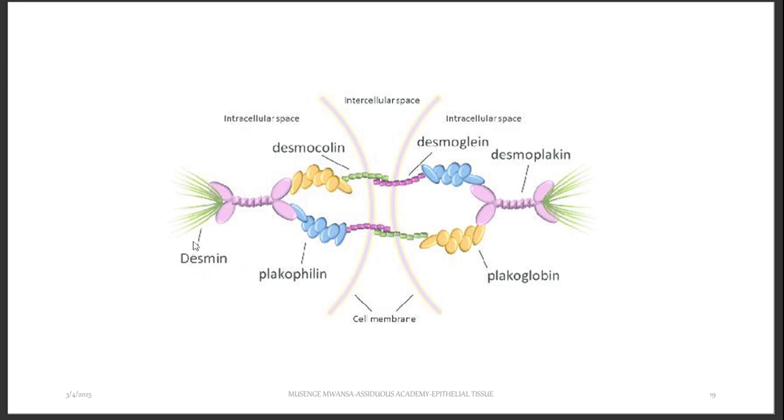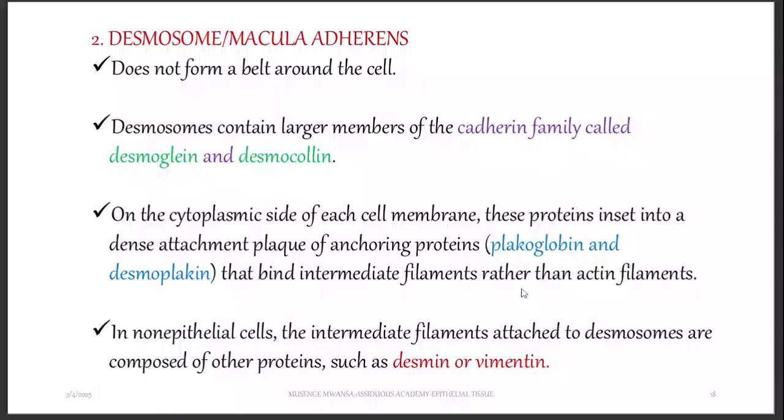But then as you go outside, because this is one cell, this is another cell, we have to attach this one cell to the other cell. So what attaches these two cells will be desmocollin and desmoglein. But then what is holding these to the inside of the cell? You have the desmoplakin and the plakoglobin. Those are the ones. Desmoplakin and the plakoglobin.